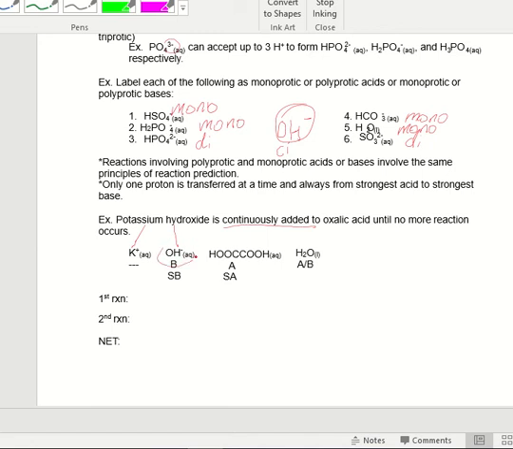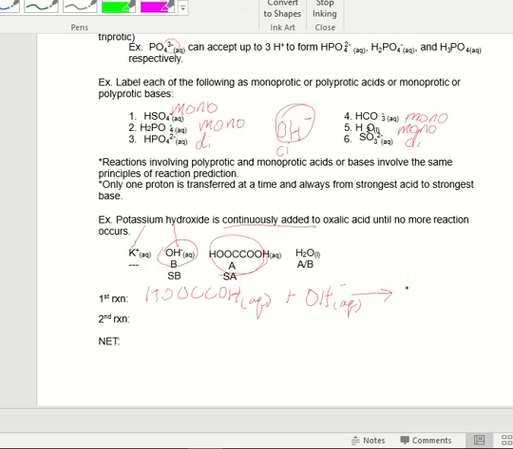Using pages 8 and 9, the strong base reacts with the strongest acid present, and notice that my acid is not continuously added. It says the base is continuously added. So I'm writing a net ionic equation where weak acids stay as is. I'm going to write a single arrow for now because all of this weak acid is going to get finally used up by OH, only because they wrote continuously added here.